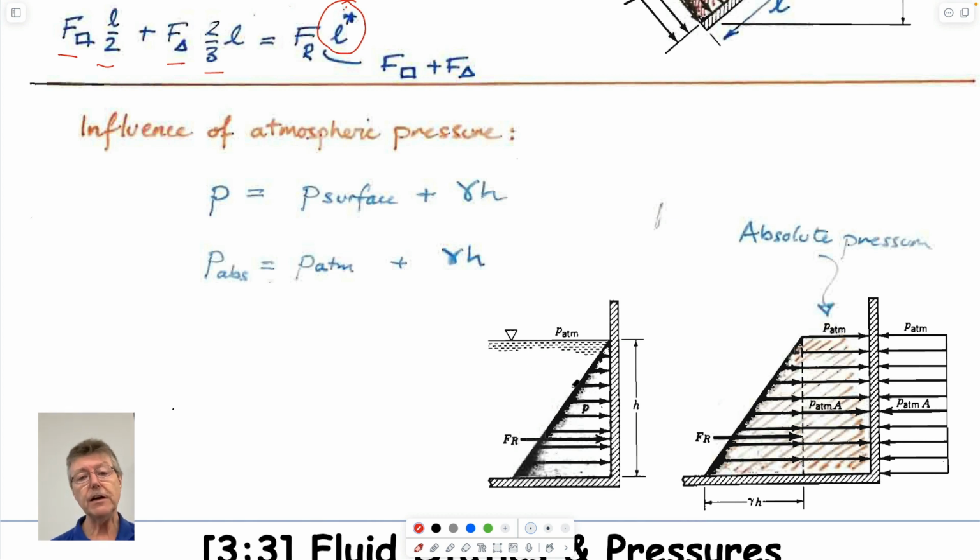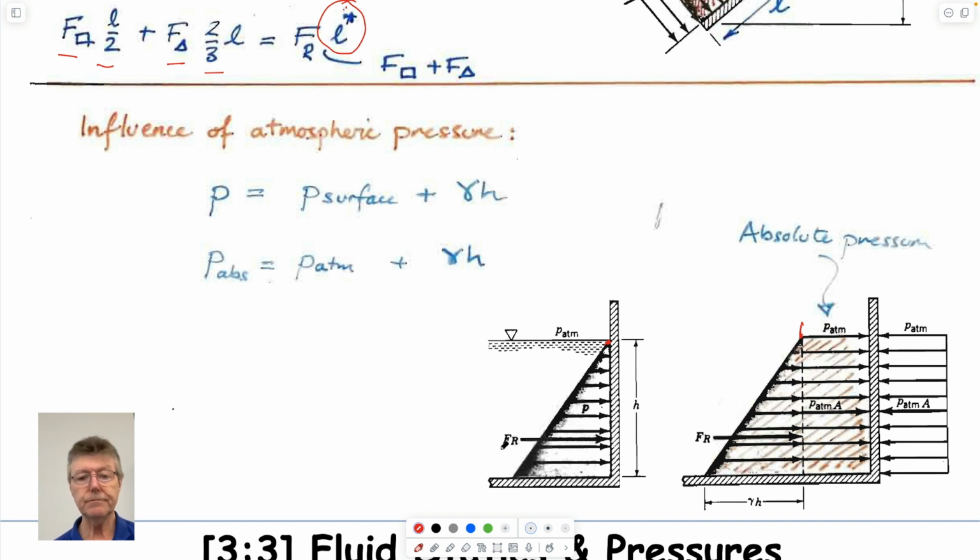So if you're looking at the pressure acting against a gate, in gauge pressure it's 0 here and it increases linearly with the unit weight of water. If we do the calculation in absolute pressures, then the pressure here would be 101 kilonewtons per meter squared plus the change due to the unit weight of water. But acting on the other side of this gate is 101 kilonewtons per meter squared.